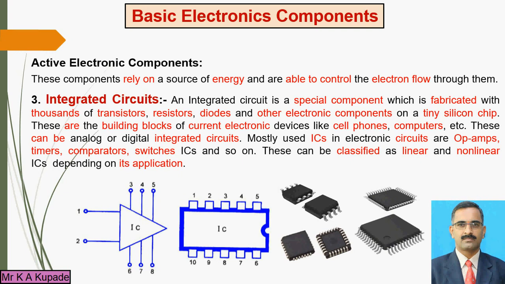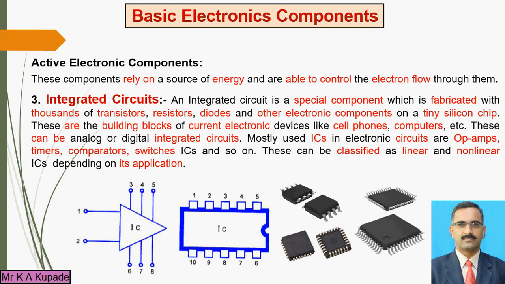These can be analog or digital integrated circuits, and they mostly use electronic circuits like op amps, timers, comparators, and some controlling circuits. Switching circuits are also considered in the ICs. So n number of applications are considered for the fabrication of ICs.